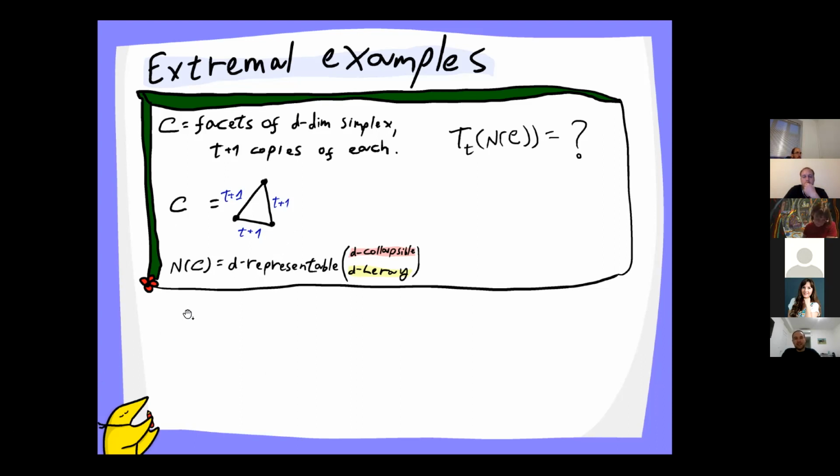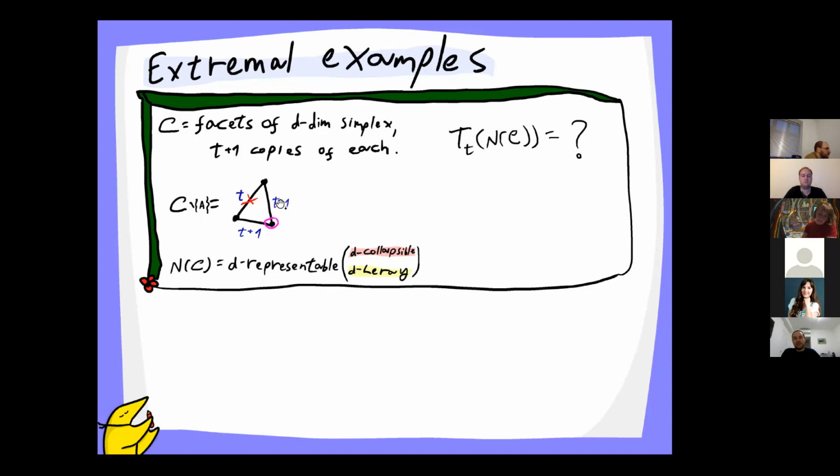But it is enough to remove any one of these sets, and now the remaining family has a point in common with tolerance t, because we can remove the remaining t copies of this edge, and the rest of the sets have a point in common.